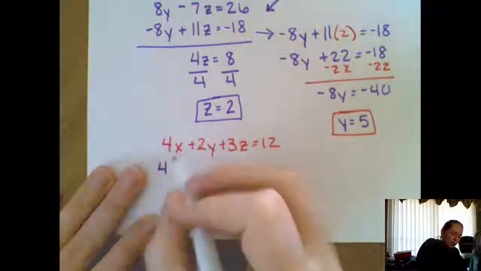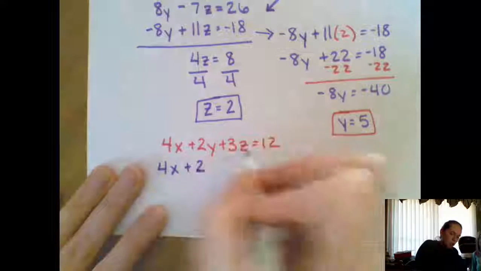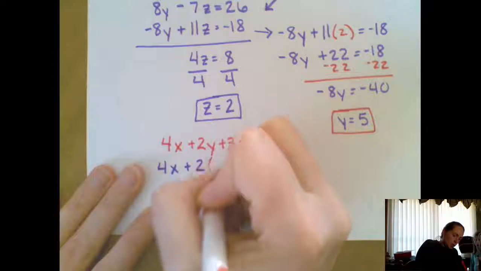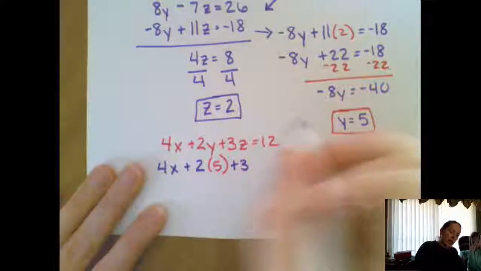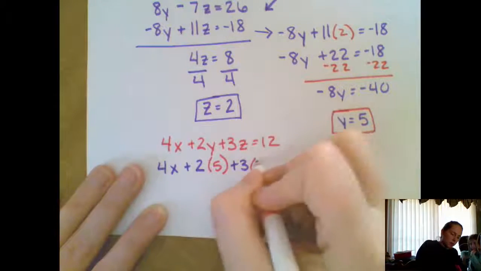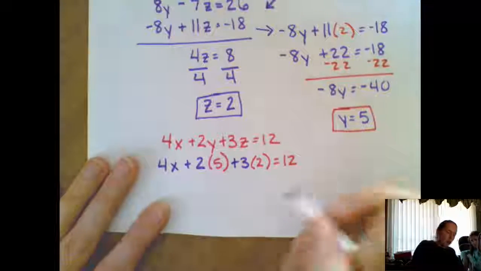We don't know what x is yet, so we're going to leave x to be the letter x. Plus 2, but instead of y, I'm going to plug in 5 because y is 5. Plus 3, and instead of z, I'm going to plug in 2 because we found z to be 2. And we're going to solve this equation for x.